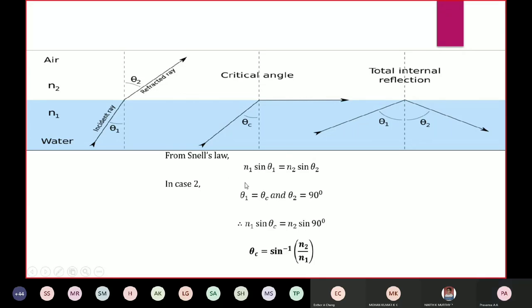So now, if this theta 1, that is the angle of incidence, is equal to the critical angle, that is the minimum angle of incidence required for the light ray to just begin to undergo total internal reflection.